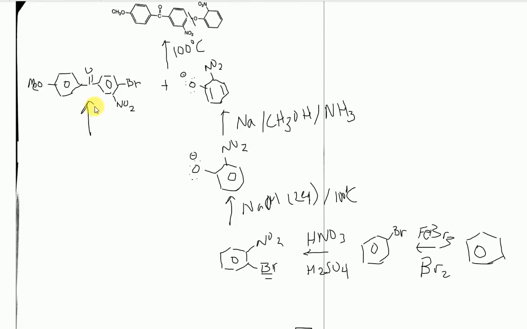Okay. And then over here, now let's do this side. So this side, we have a bromine group, NO2 group, and we have a methyl O minus group. And so what will we do? Well, we will do Friedel-Crafts. Okay, so I want to do this. Friedel-Crafts is always the option whenever we have a carbonyl.